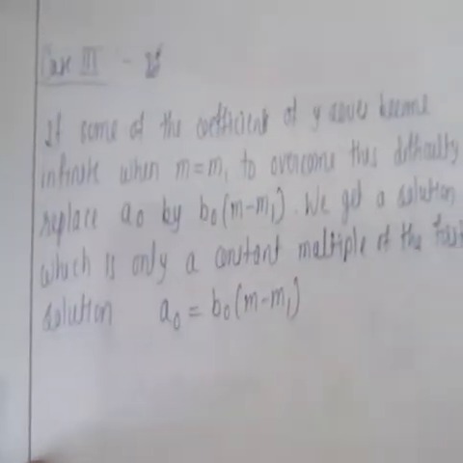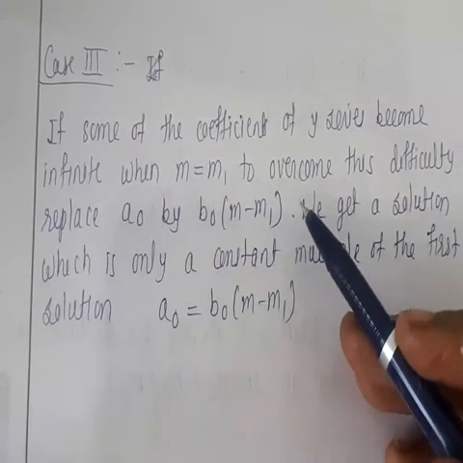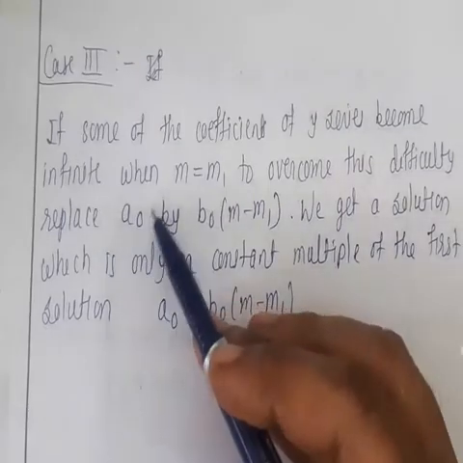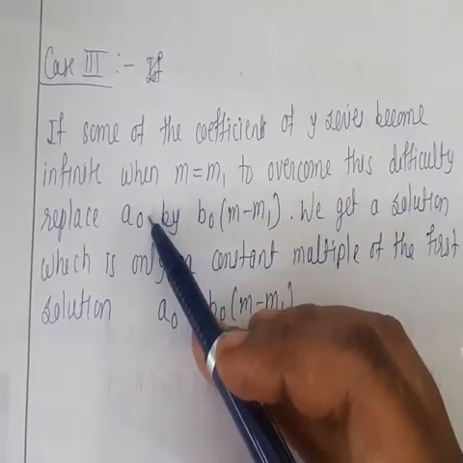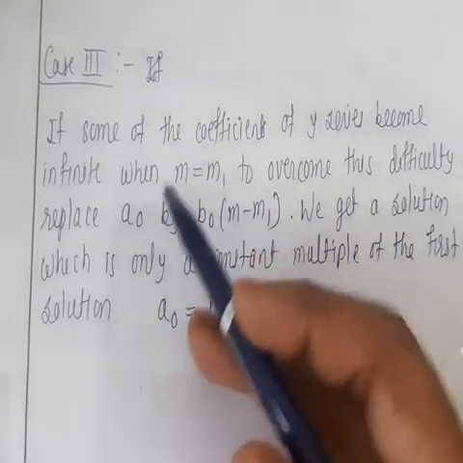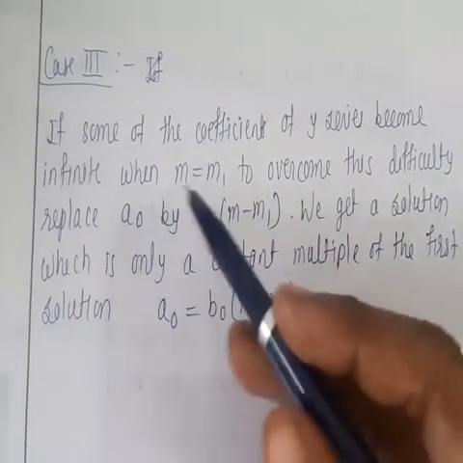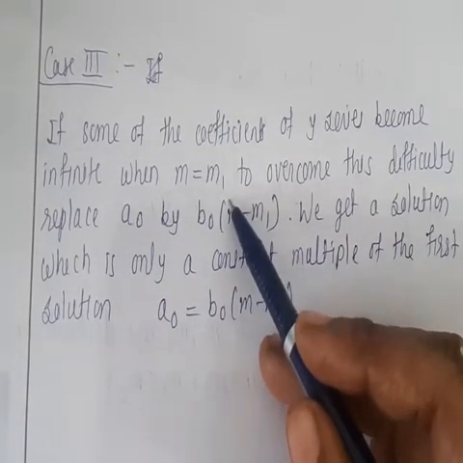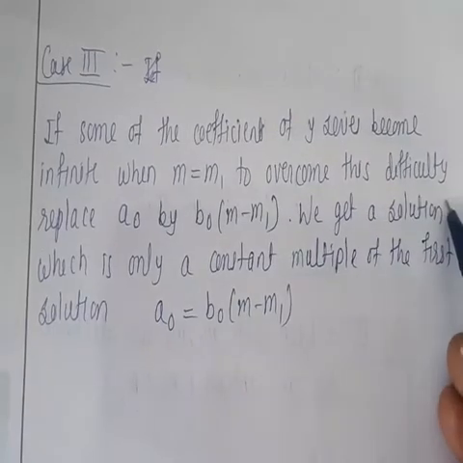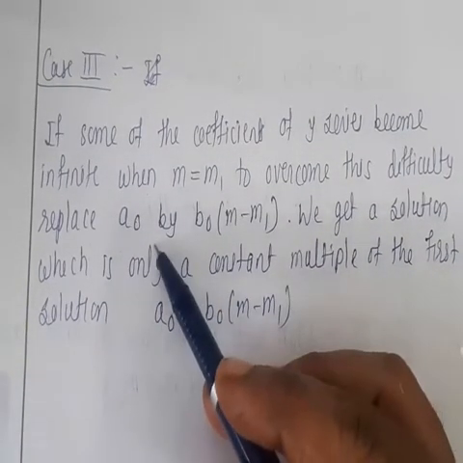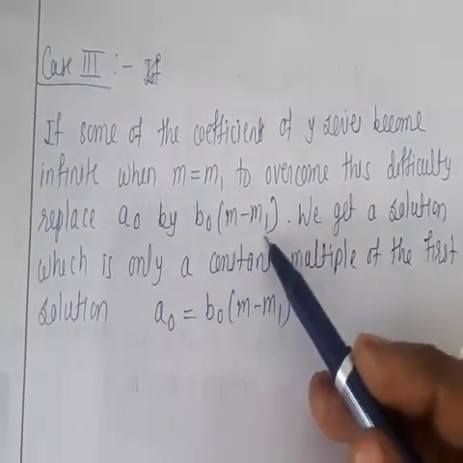But sometimes some coefficients of y in the series become infinite. At that time, to overcome this difficulty, we have to replace m is equal to m1 and replace a0 by b0 into m minus m1.